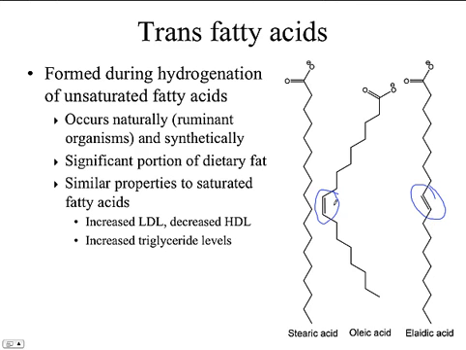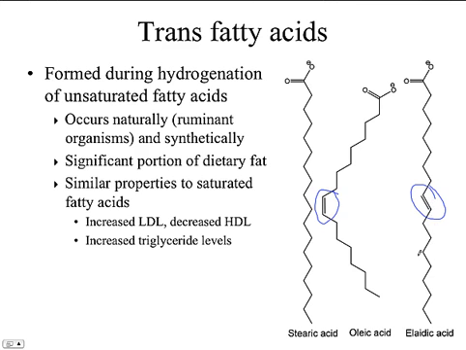And while the oleic acid will not pack very nicely against the stearic acid here, elaidic acid would actually pack fairly nicely because that trans double bond is a whole lot more similar to a saturated fatty acid than it is to an unsaturated fatty acid. So consuming large amounts of foods that contain trans fatty acids can ultimately be problematic.